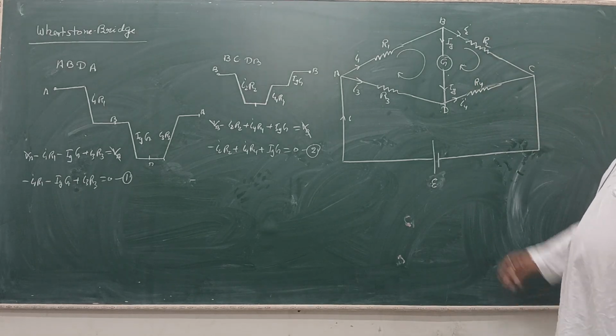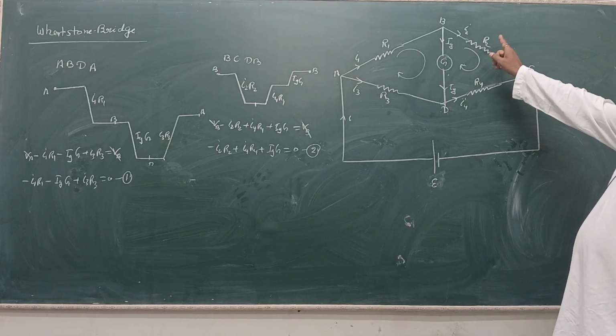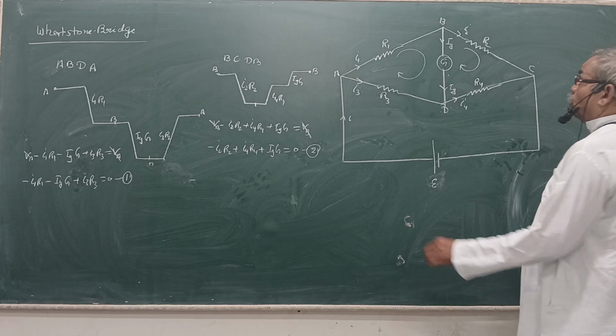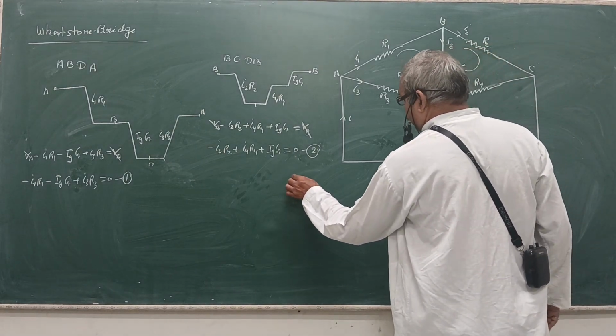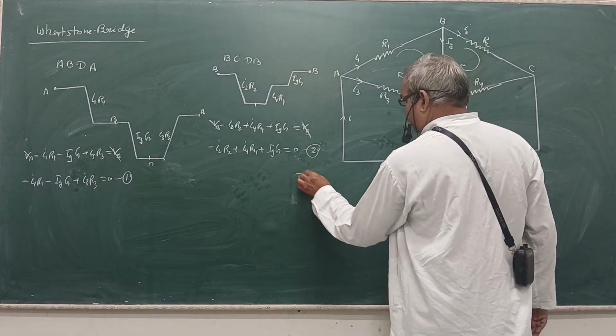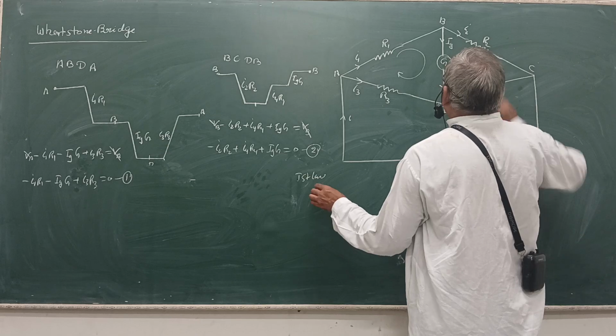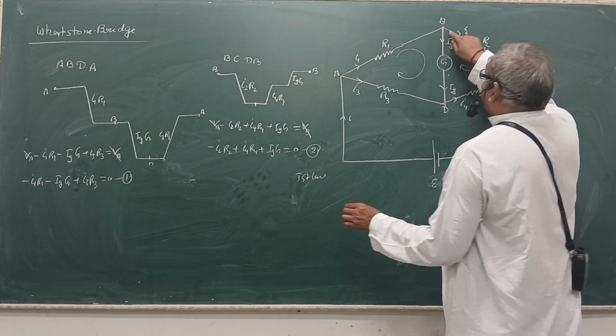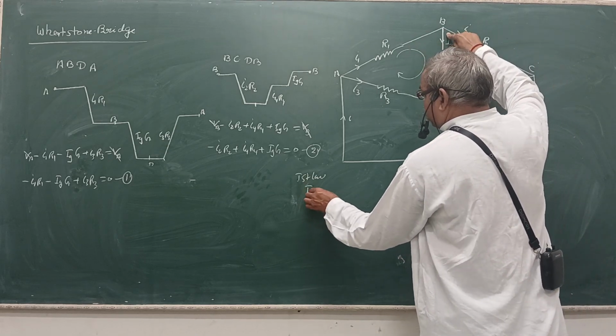Now the values of I1 and I3: this is the junction rule in Kirchhoff's first law. The first law defines that the input current is equal to the output current.